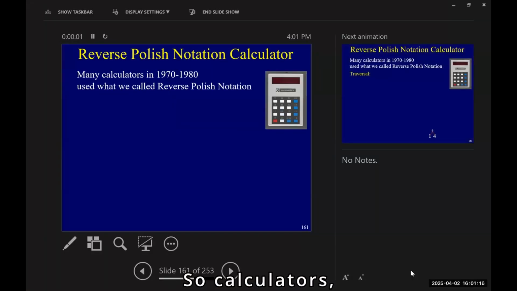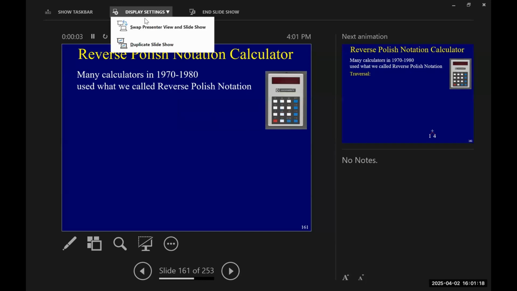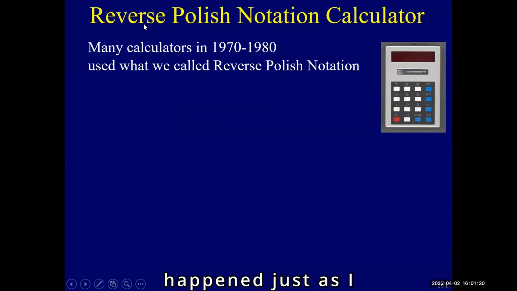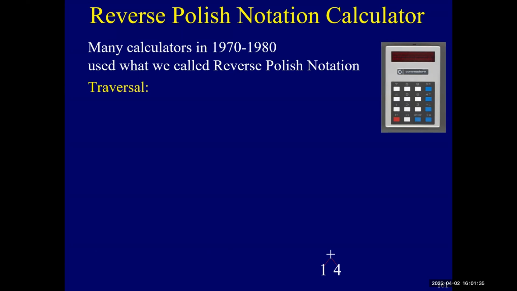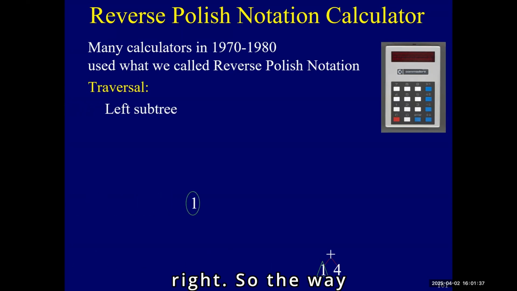Calculators happened just as I started high school, and the first calculators used reverse Polish notation. I don't know how Polish comes into it, but if you want to add 1 and 4 together, the way you do it now is 1 plus 4.